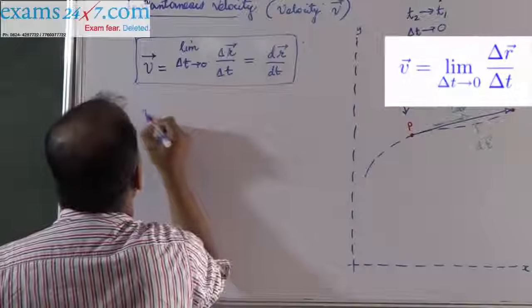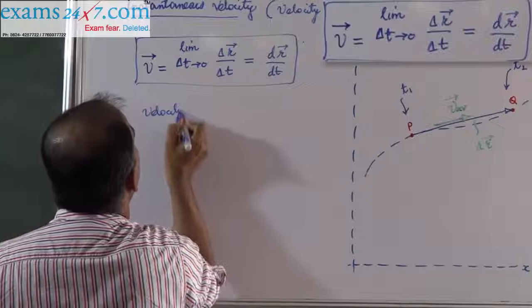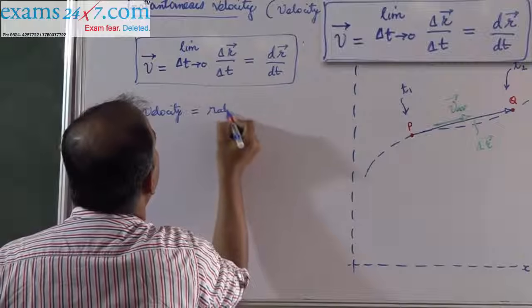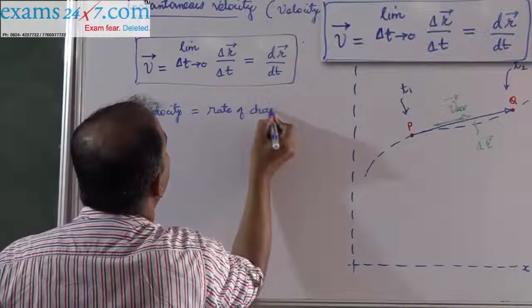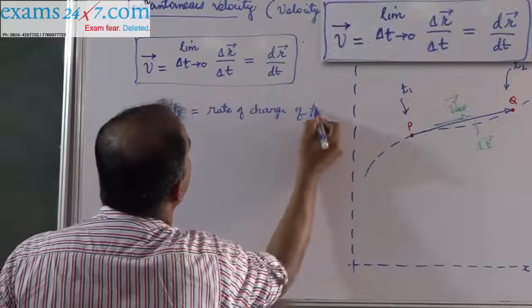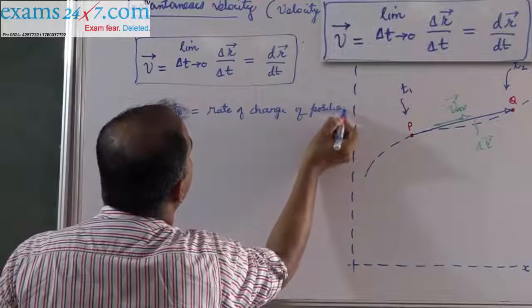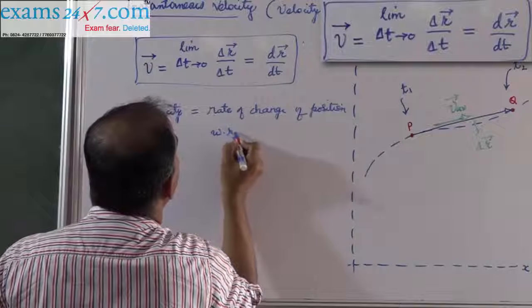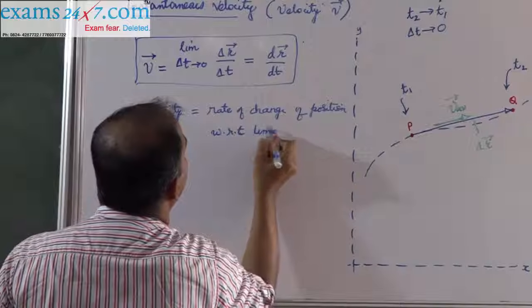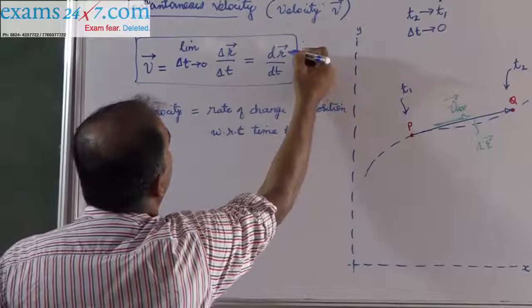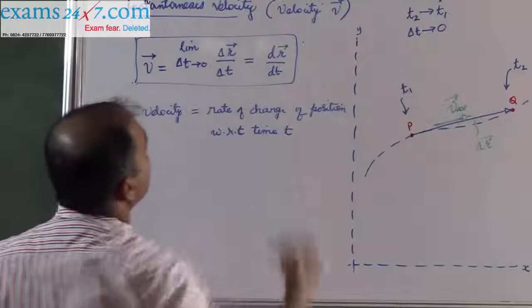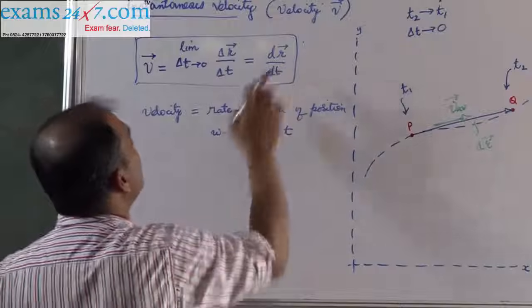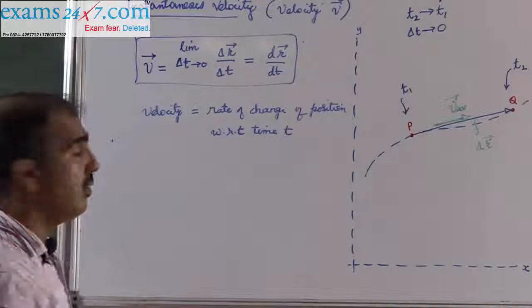In other words, velocity equals the rate of change of position with respect to time t. Rate of change of r vector is nothing but position. So the rate of change of position with respect to time t is called the velocity.